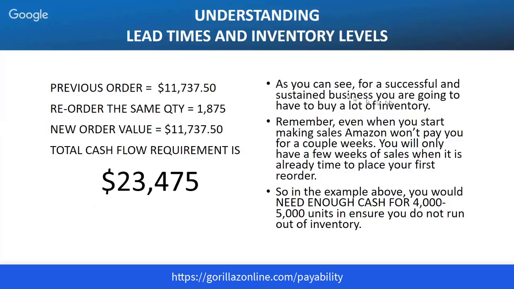As you can see, for a successful and sustainable business, you're going to have to buy a lot of inventory. Remember that when you start making sales, Amazon won't pay you for a couple of weeks. You will only have a few weeks of sales when it's already time to place your next order. So in this example, we would need enough cash for 4,000 to 5,000 units to ensure we don't run out of inventory.